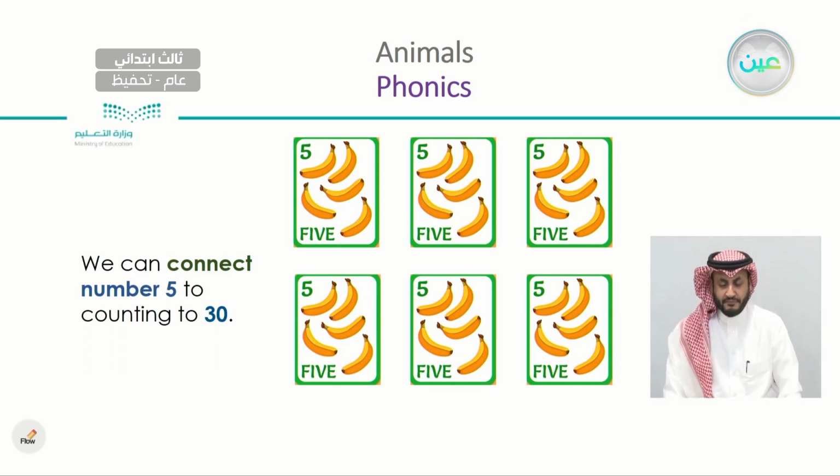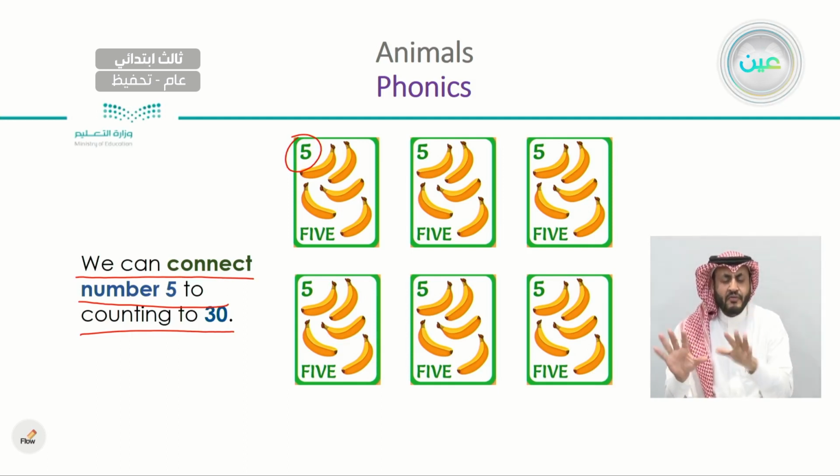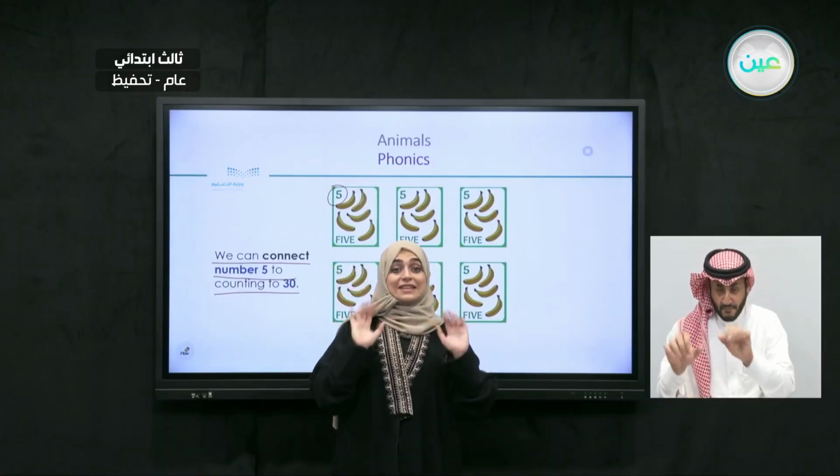There's another way we can look at this. Now look at these bananas. Each box has how many bananas? 5. This means we can connect number 5 to counting to 30. So here we have 5. Each one is 5. Now 5 plus 5 equals, show me both your hands, boys and girls, both your hands, 10.